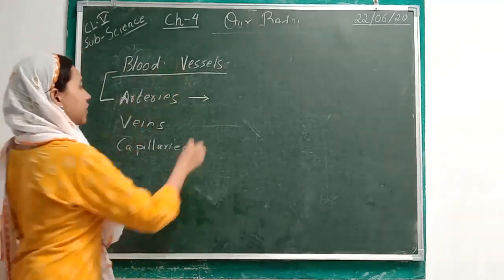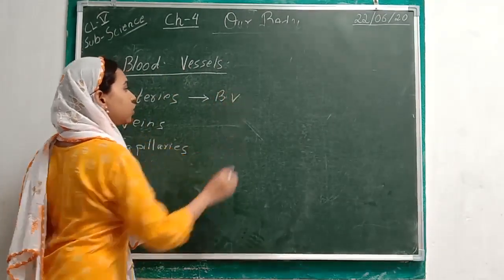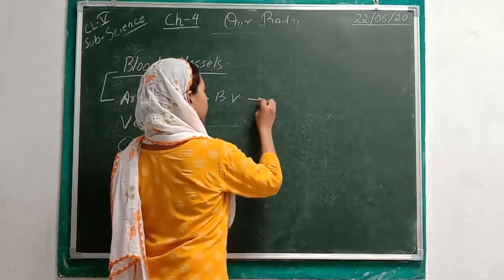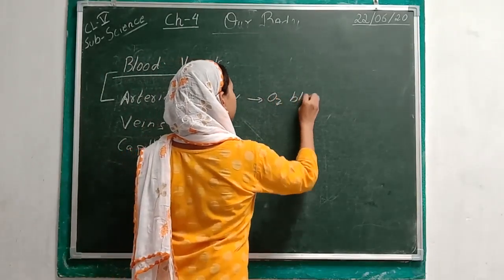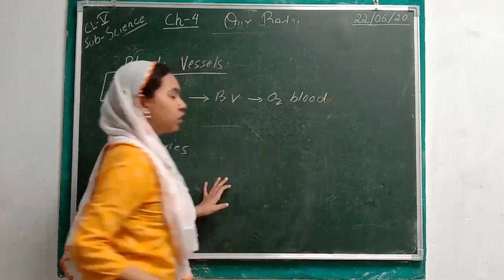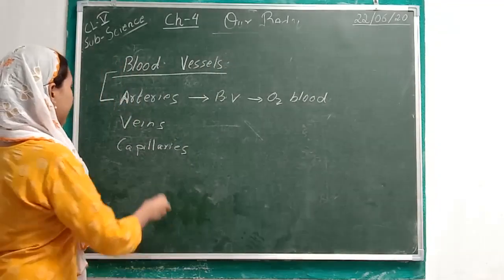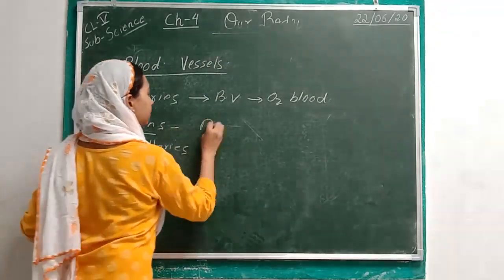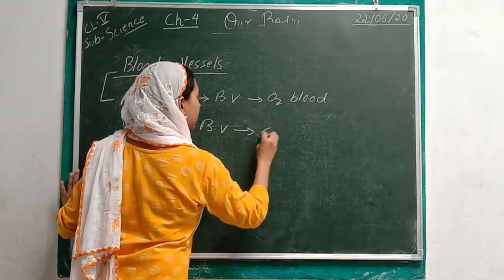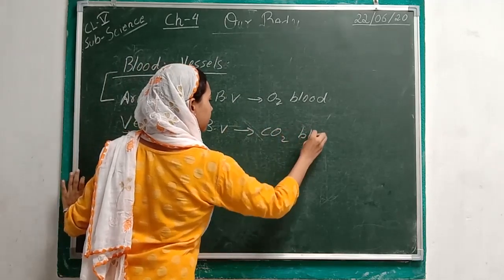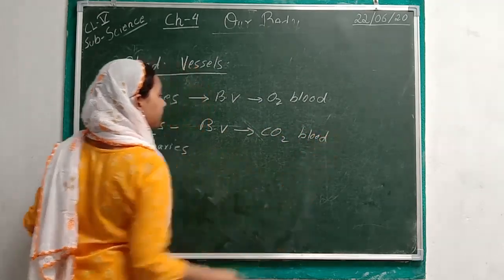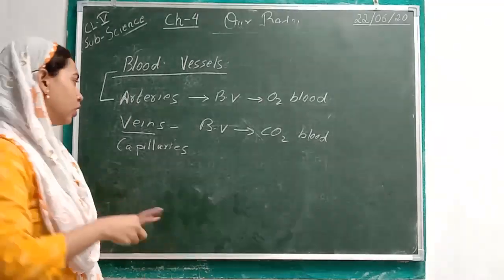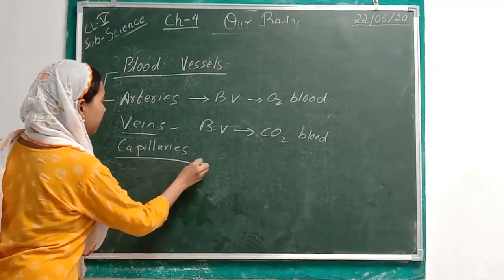These are the blood vessels which carry oxygen rich blood to all the parts of the body. All right. Next, veins. These are the blood vessels which carry carbon dioxide rich blood from the body to the heart. All right. And finally, what are these capillaries?